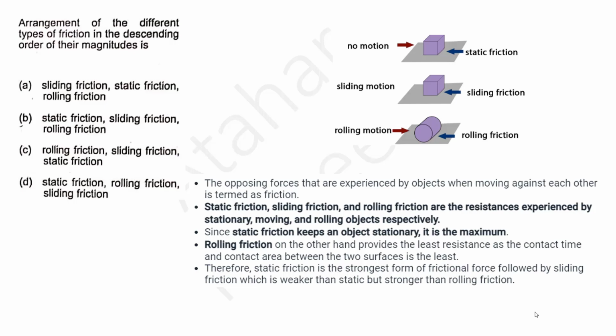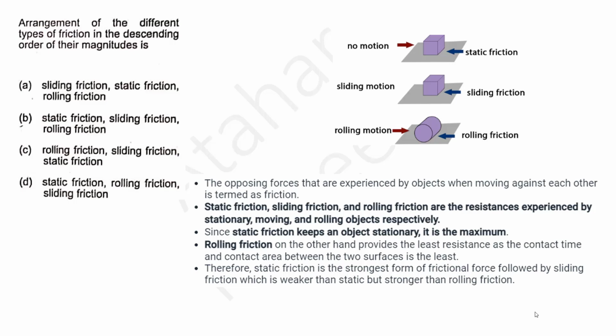And if that box is moving, someone is pushing it, that means there is a sliding friction between the box and the floor. And if that box is of cylindrical type and someone is rolling it, then the friction between the cylinder and the floor is known as rolling friction.